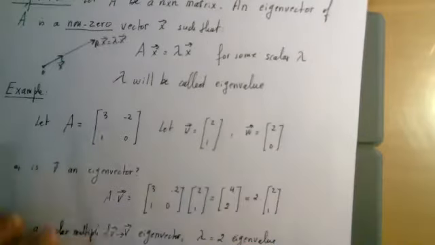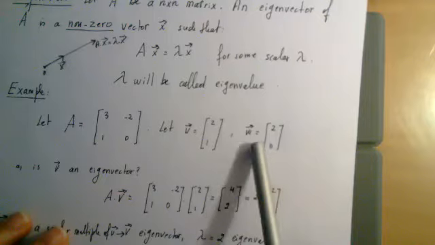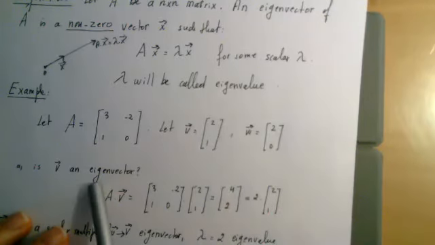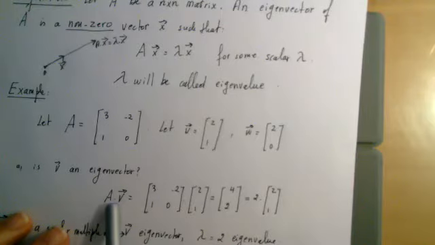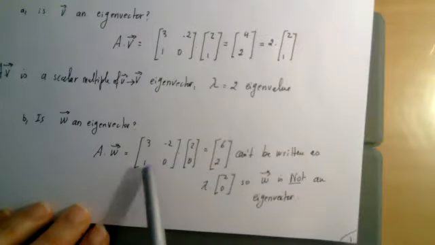So this is a simple example. Let A be the following matrix, the one I just did. Let V be the vector (2, 1) and W be (2, 0). Is V an eigenvector? It means I'm asking, does A stretch the vector V? We just have to compute the vector A times V, and I get (4, 2). Again, I ask the following question: I take a vector W to be (2, 0). Is it an eigenvector?